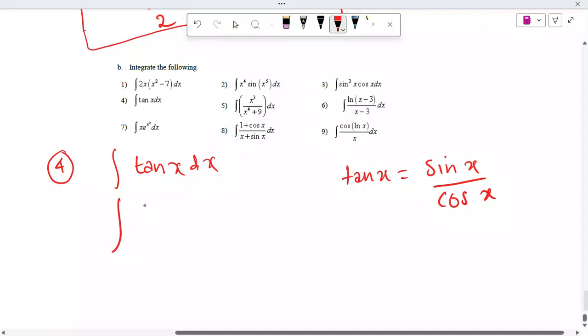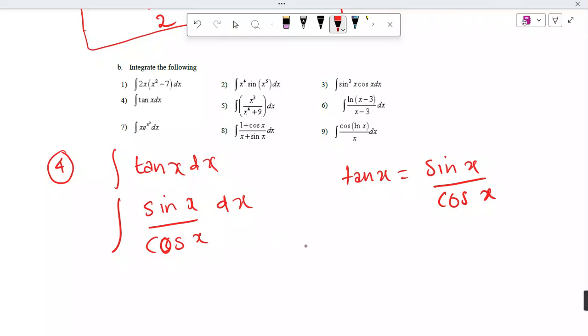Say tan is the same as sine x over cos x, then there is dx. So here we can use the quotient rule. So how do we use the quotient rule?